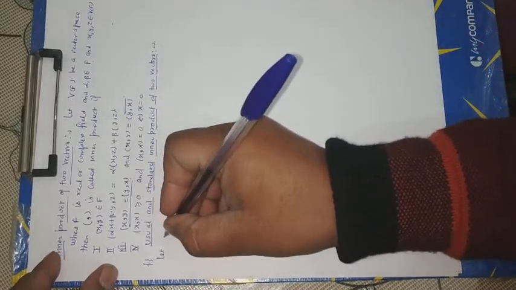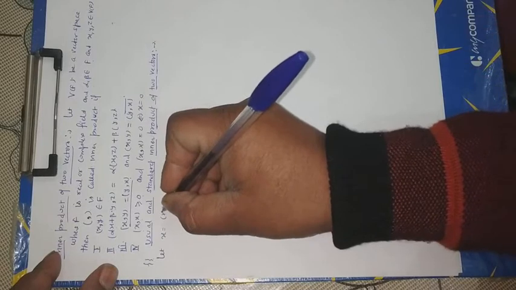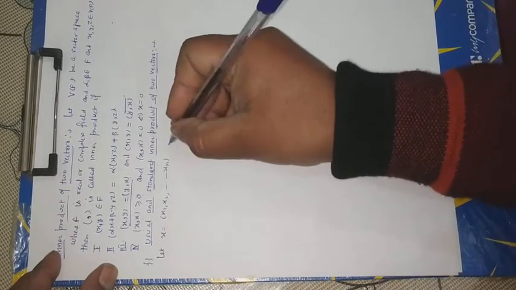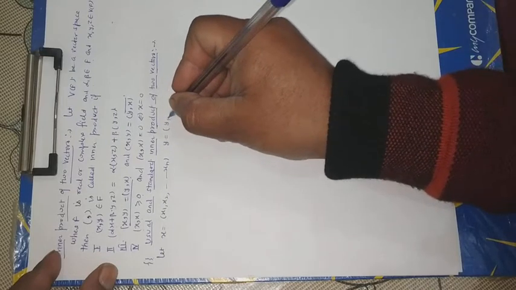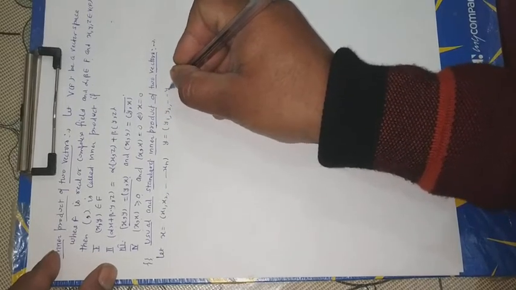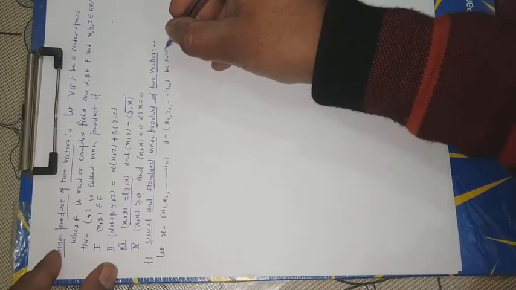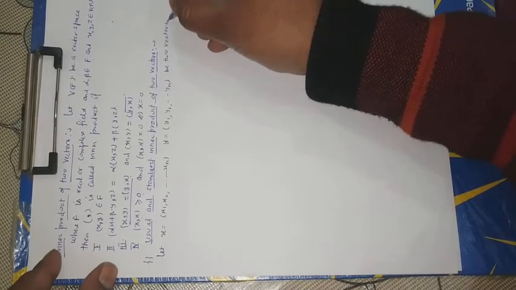Let x equal to (x1, x2, up to xn) and y equal to (y1, y2, up to yn) be two vectors.